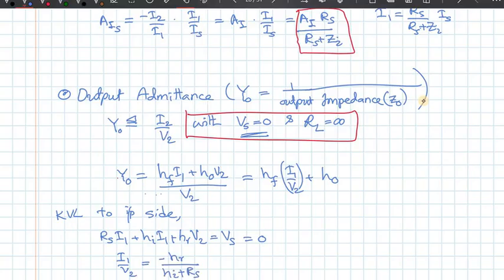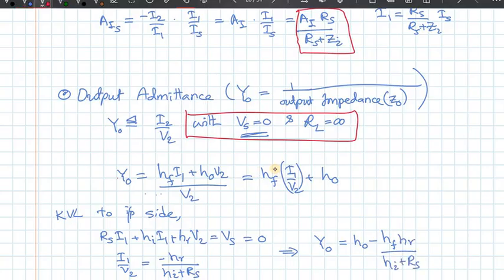So this gives me my output admittance: Yout is equal to Hout minus HF times HR over Hi plus Rs, because this term is minus.